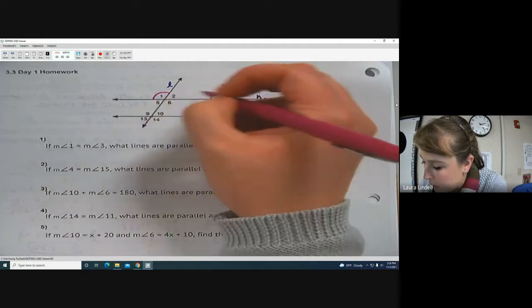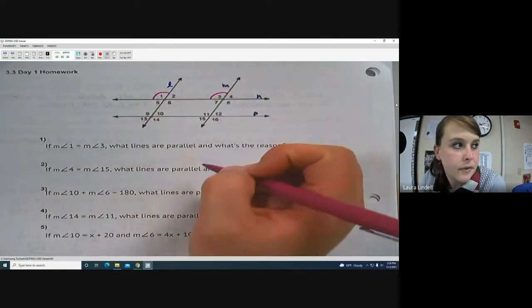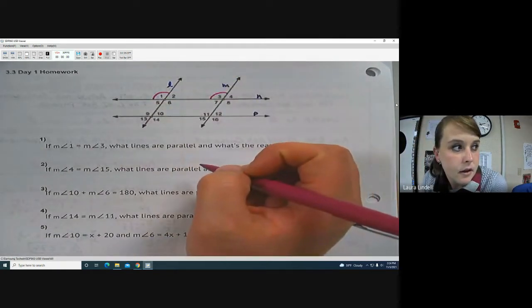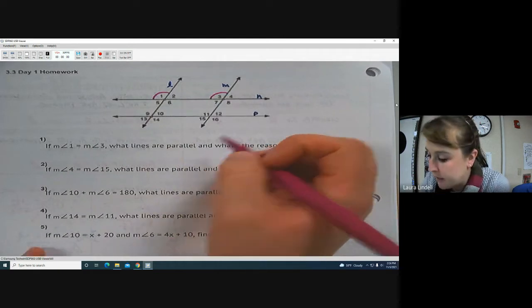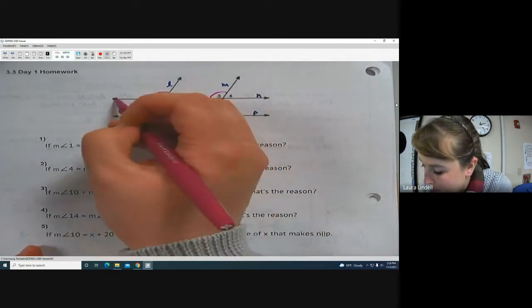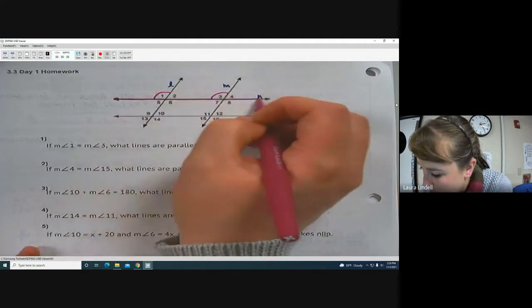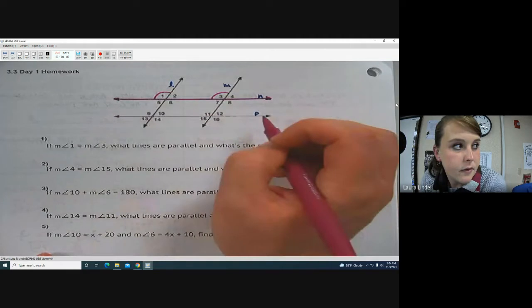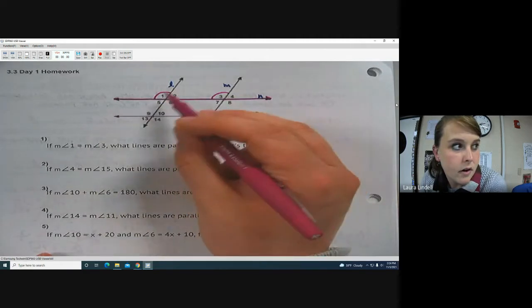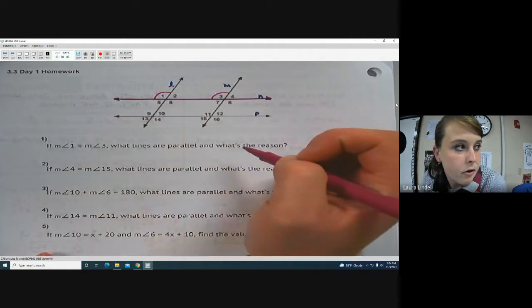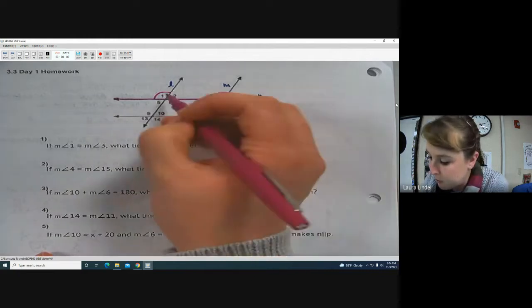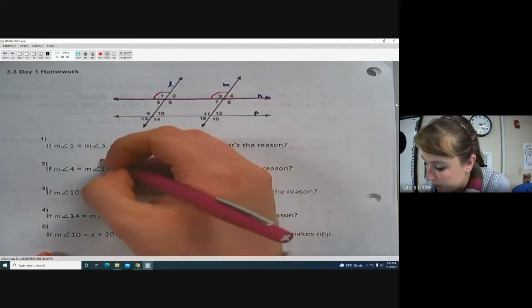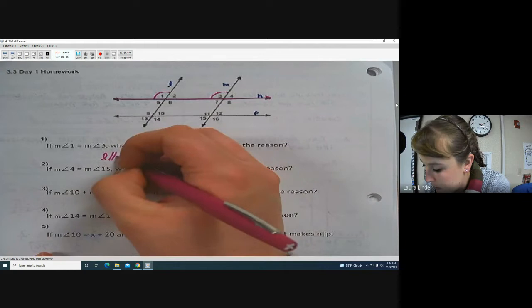I know that these 2 are equal to each other. All right, so if that's the case, this is my transversal. And if this is my transversal, the 2 lines that it crosses are L and M. So for my answer here, because 1 is congruent to 3, I can say that line L is parallel to line M.